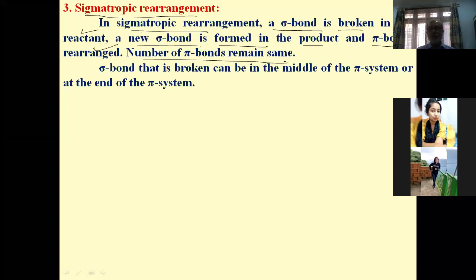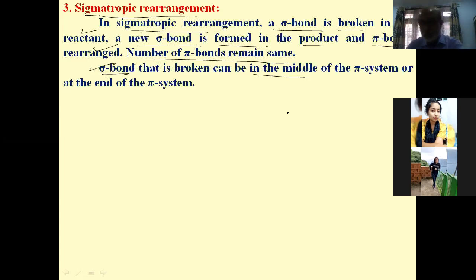So this is also a conjugated pi electron system where a sigma bond is broken, a new sigma bond is formed, and the pi electrons rearrange themselves, but the total number of pi electrons remains the same. Again, when it comes to the sigma bond breaking, the sigma bond that breaks may be in the middle of the molecule, or it may be at the end of the molecule, and accordingly they are named. So that is a sigmatropic rearrangement.